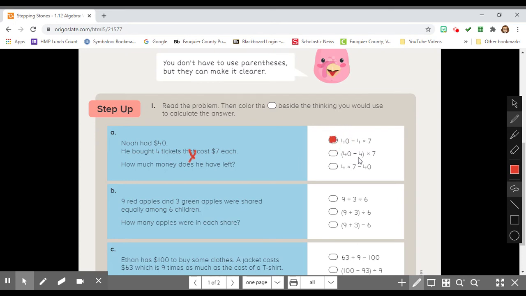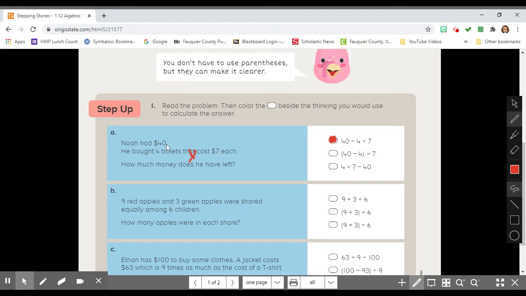Parentheses really do matter. Because if I had chosen this one, it's the same thing right here, except the parentheses are here. I don't want the parentheses here because that means I would have to do 40 minus 4, get that answer, and then multiply that by 7. And that's not what the word problem is asking me to do. It's asking me to do 4 times 7 here.